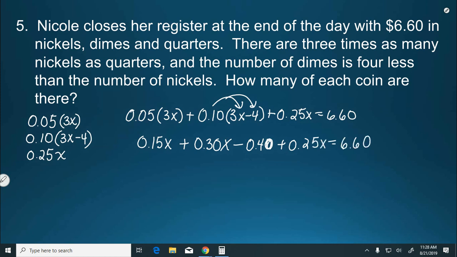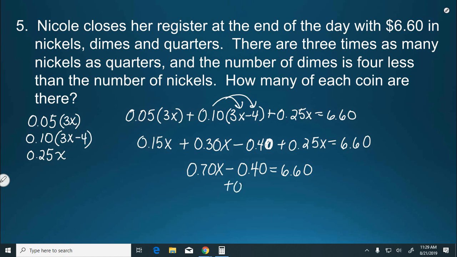Now I'm going to combine all my x's. I've got 15x and 30x is 45x plus 25 would be 45 plus 20 is 65 plus 5 is 70 cents x minus the 40 cents, that's the constant on its own, equals 660.